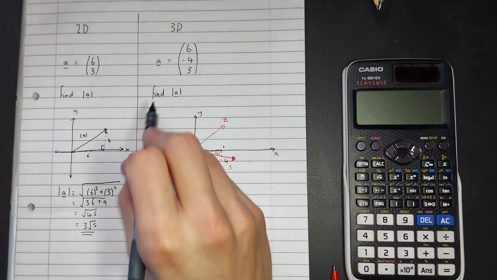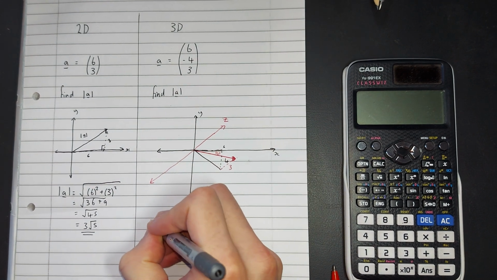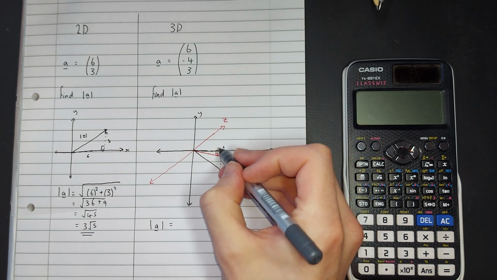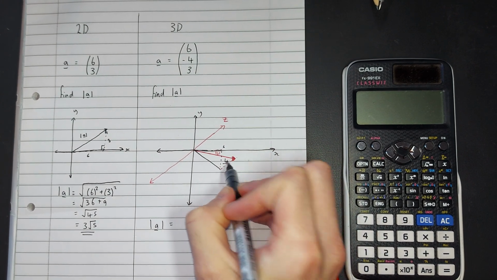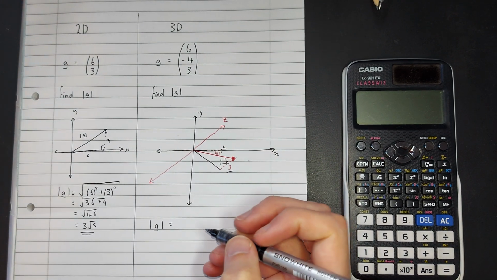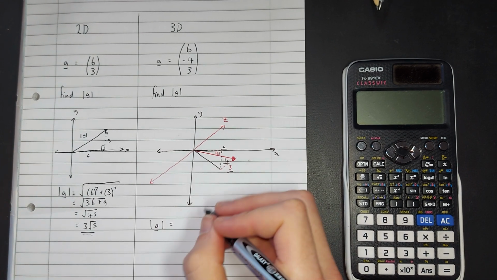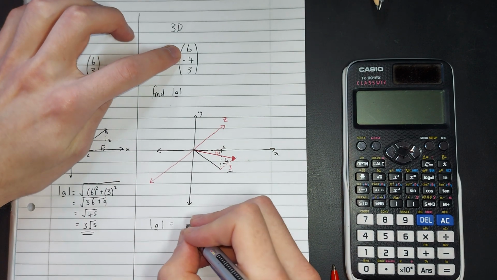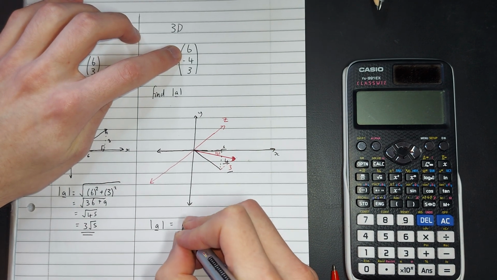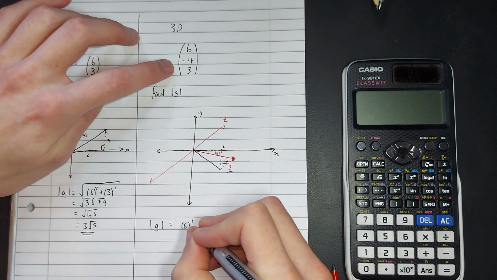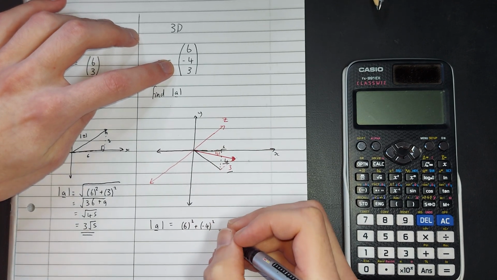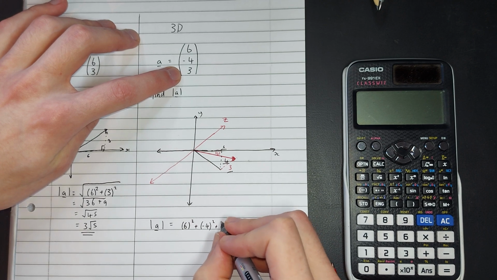So let's do that. The magnitude of vector A is going to be equal to all of these parts: your 3, 4, and 6, squared and added together. Let's relate it back to our original equation. We've got 6, putting it in brackets, squared, plus negative 4 in brackets, squared, plus 3 squared.